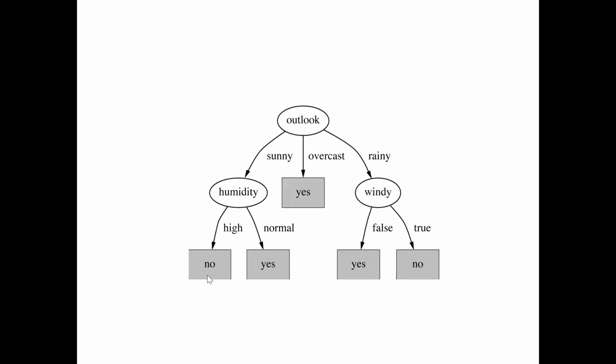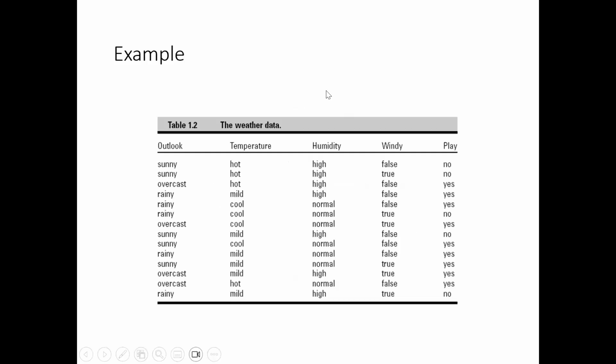And then in the leaves, you will notice that these are the decisions. So this is what we want to generate, and this needs to be generated from this data set, right? We have 14 instances. Now the question is how we are going to do that.